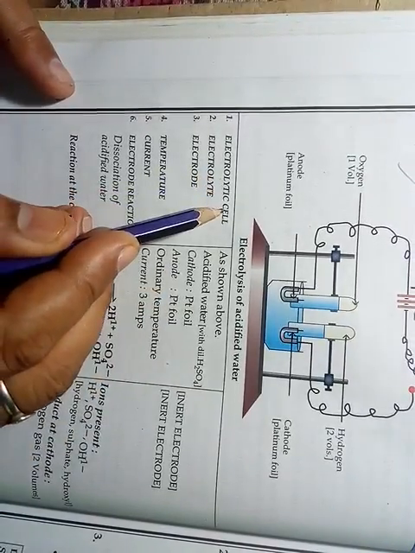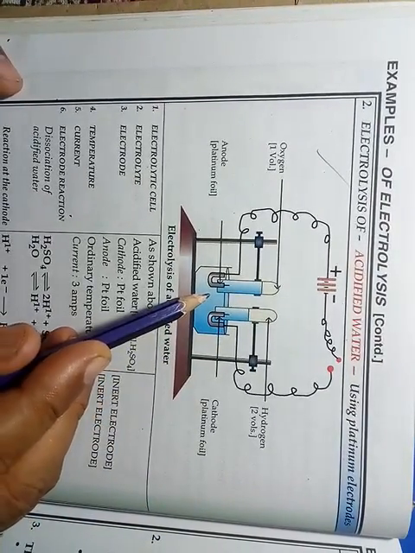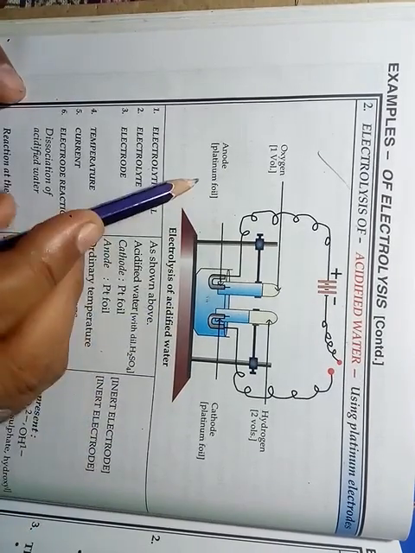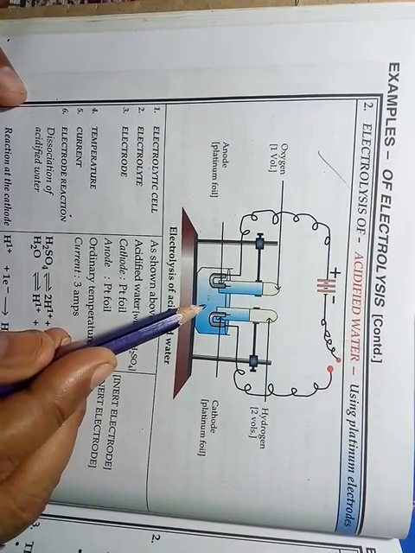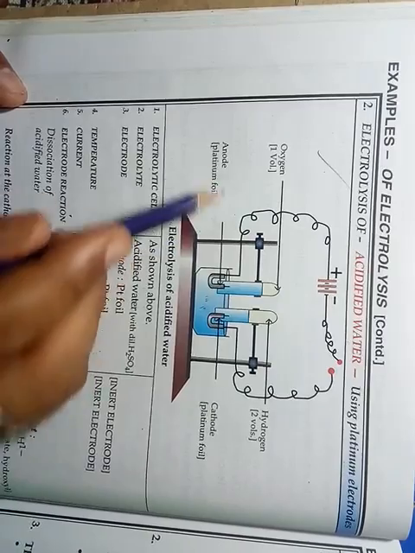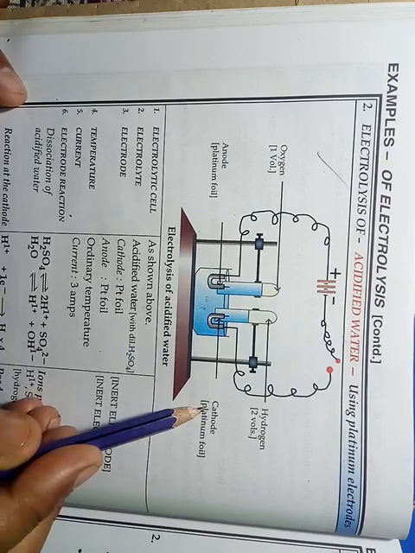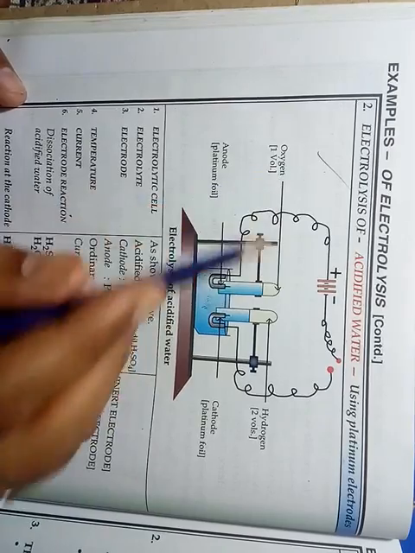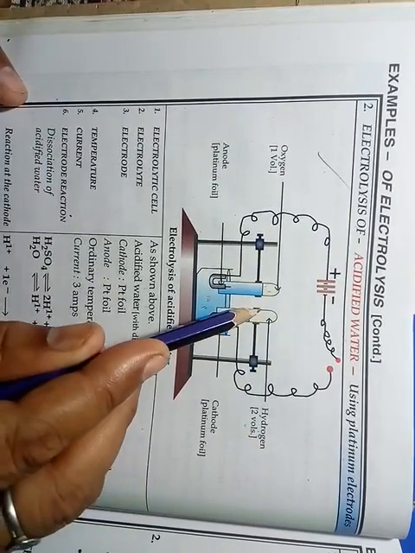So the electrolytic cell is as shown above. This is the electrolytic cell which is used for the electrolysis of acidulated water. The electrolyte is acidified water. The anode is of platinum, the cathode is of platinum also, and after electrolysis you will get oxygen at the anode and hydrogen at the cathode.